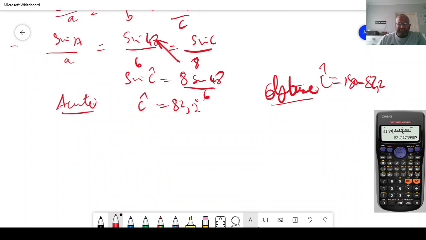Remember why 180 minus: because that's in your second quadrant. So it's 180 minus that answer last calculated, which is 97.8 degrees.